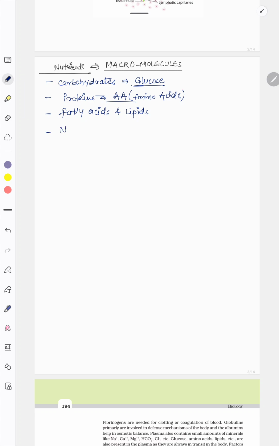Then there is a thing called nucleotide, that is DNA and RNA.